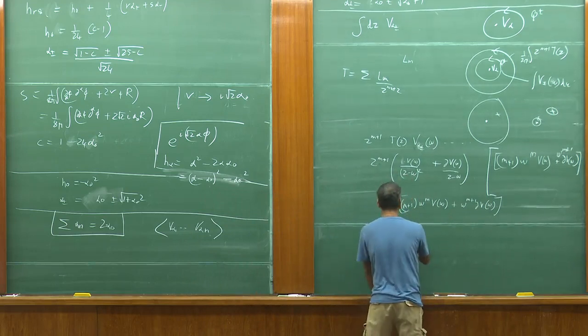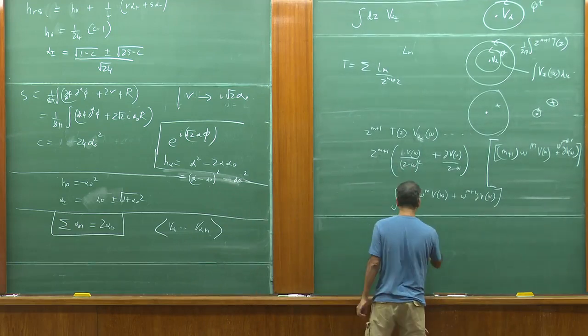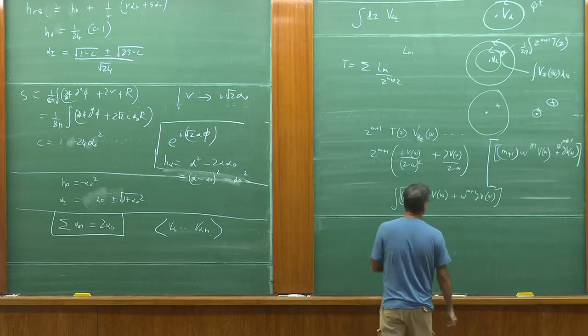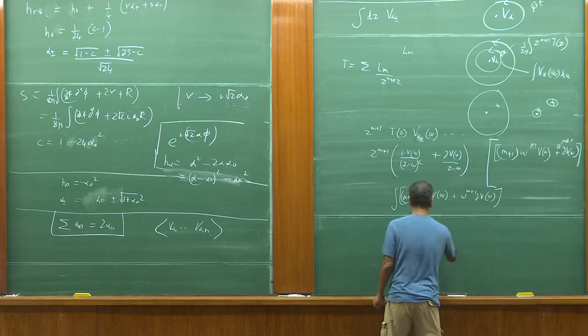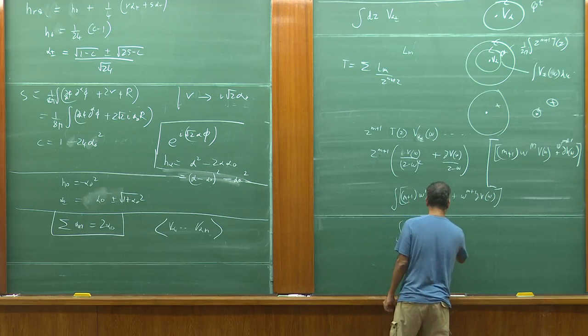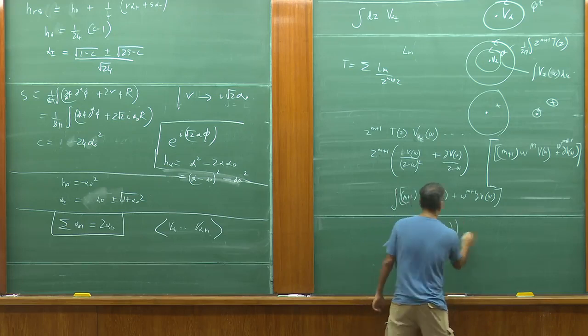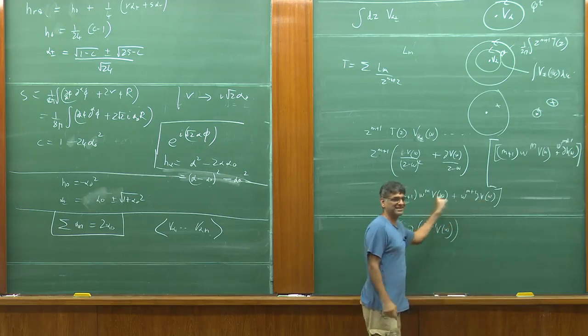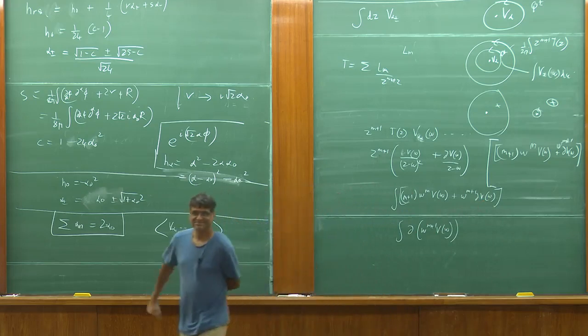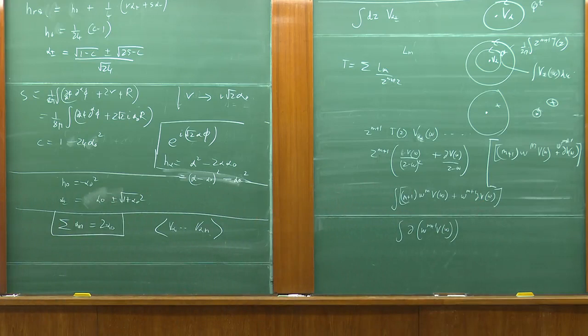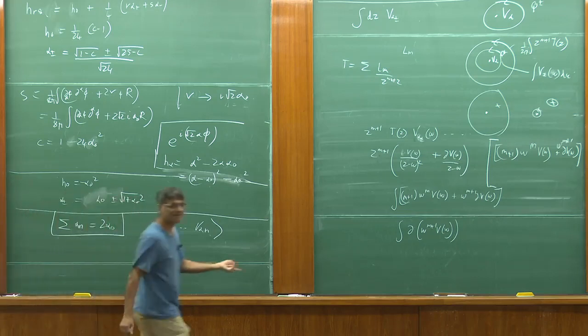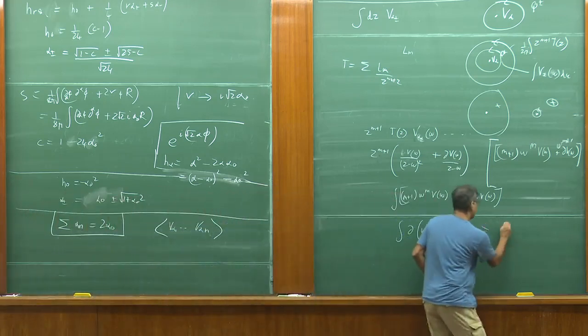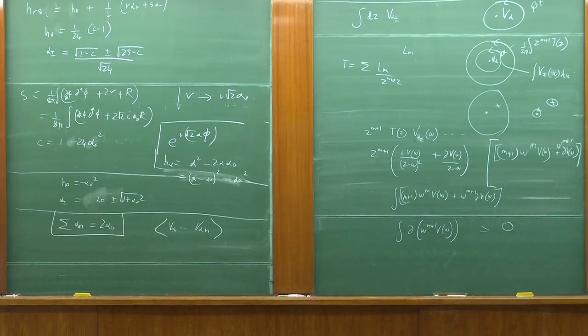So this becomes the integral of del of w to the power m plus 1 V of w, and then minus 0 because the other term cancels this term, minus m plus 1 w to the power m. Okay, and now since this was a closed contour, this was an integral of a total derivative around this closed contour, this is 0.